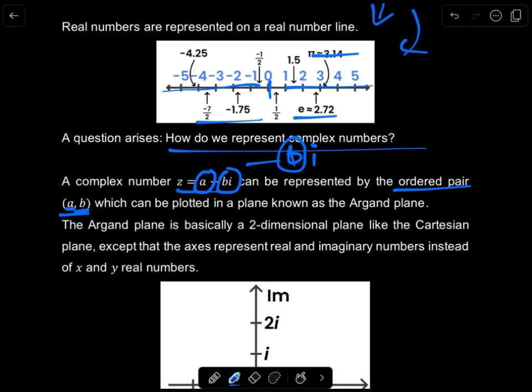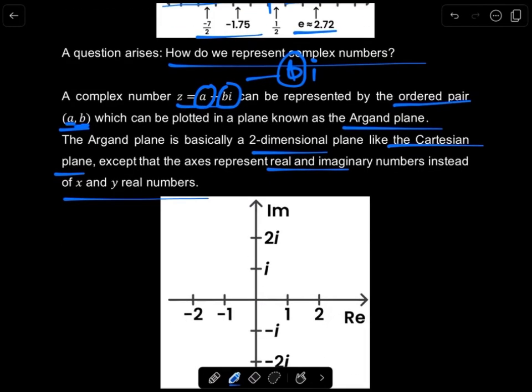Now this ordered pair can be plotted in a plane known as the Argand plane. The Argand plane is basically a two-dimensional plane like the Cartesian plane, except that the axes represent real and imaginary numbers instead of x and y real numbers.